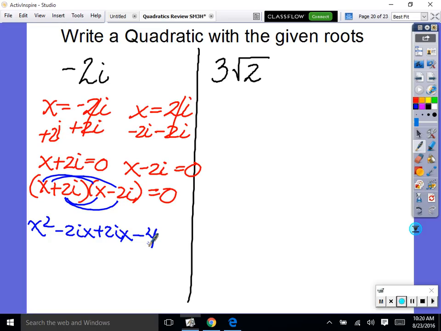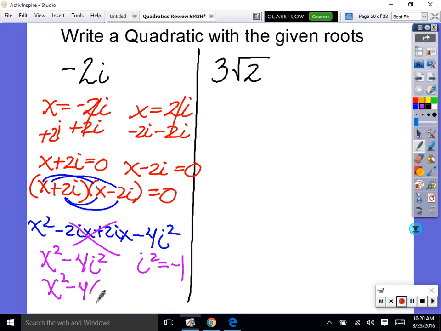Positive 2i times negative 2i is negative 4i squared. Now look, with conjugates, the middle terms will cancel out always. So we're left with x squared minus 4i squared. Does anyone remember what i squared is equal to? So technically we have x squared minus 4 times i squared, so we really have times negative 1.